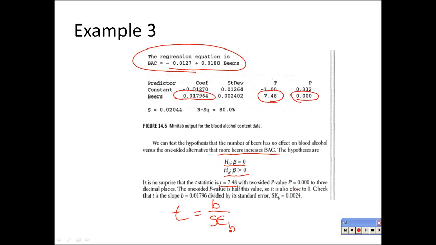And this is 0.00796 over 0.0024. And we get 7.48. The p-value is close to 0.